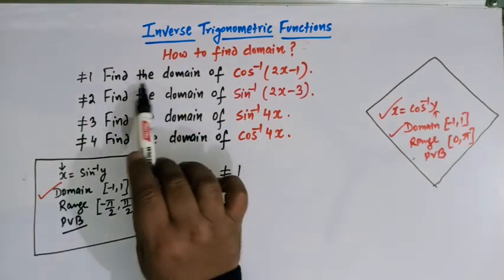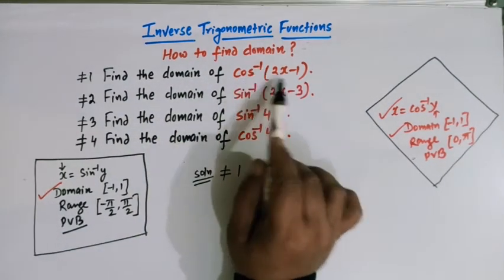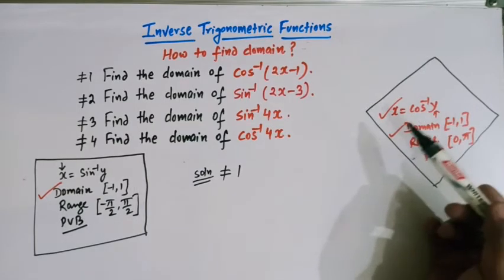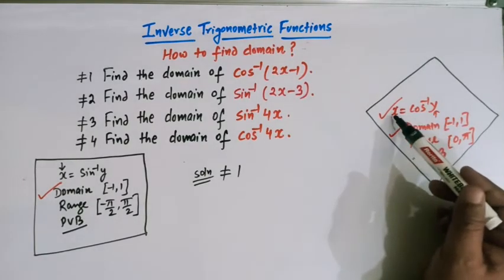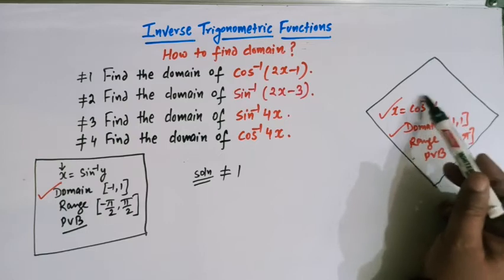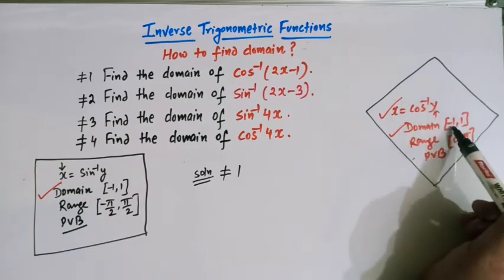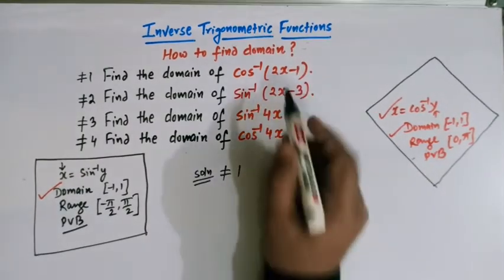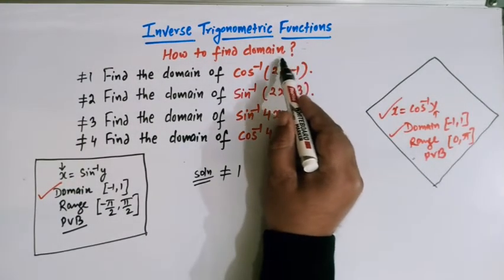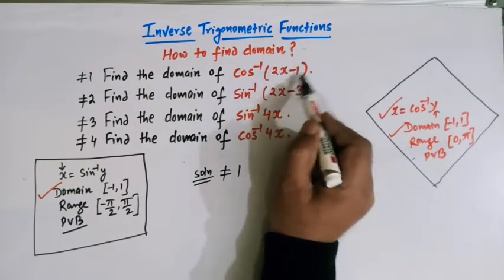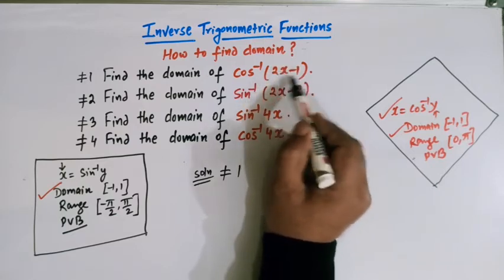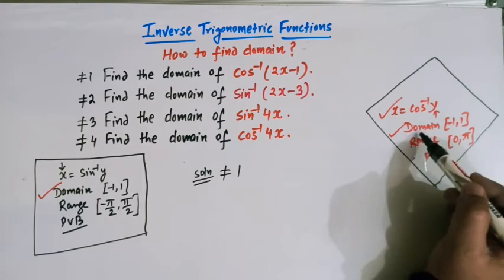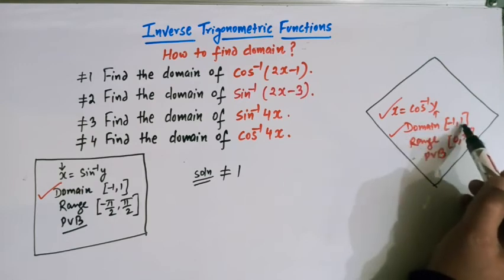Now the first problem is find the domain of cos inverse (2x minus 1). We have just discussed that if x = cos inverse y, then the domain is from -1 to 1. It means here we have all those values of x which fall in the interval from -1 to 1.